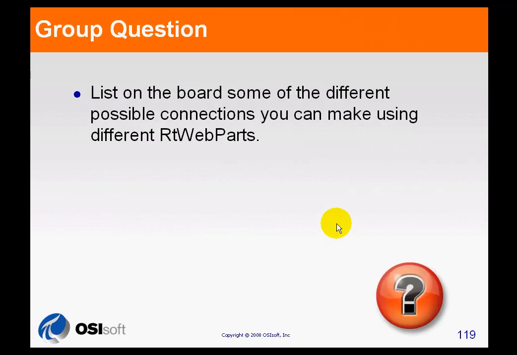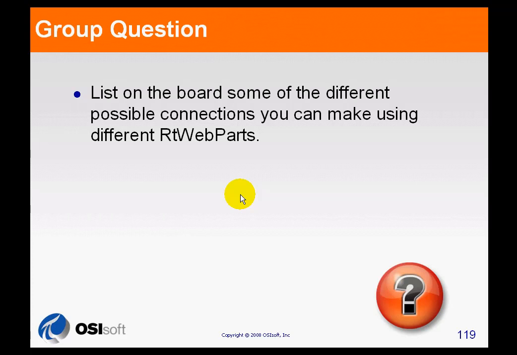Now, one more question. Think for a second about some of the different possible connections you can make using different RT web parts. A couple off the top of my head would be, for example, if you had RT values that you're going to send to an RT trend. That's actually something that we support. You send the values over to a trend or an RT time series.